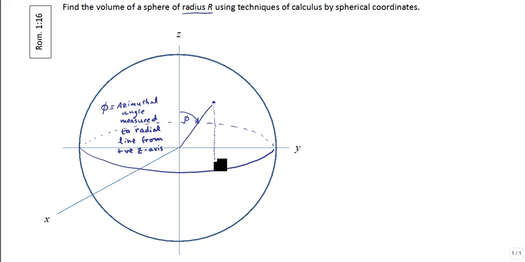So I'm going to take this point here and draw a line parallel to the y-axis from it, and then from this point I'm going to draw a line parallel to the z-axis until it intersects the y-axis. And so this distance here I would say is the y-coordinate of the point as it's projected down into the xy plane. This will then be your x-coordinate.